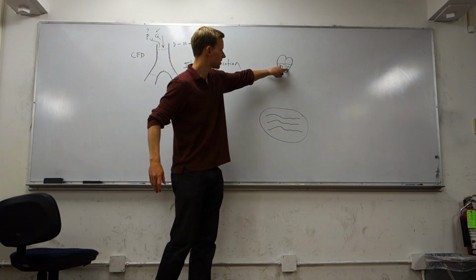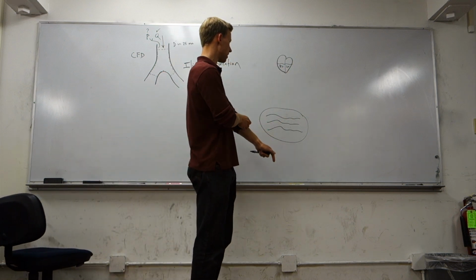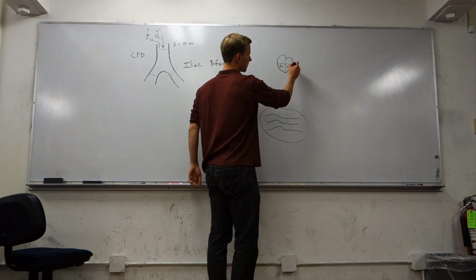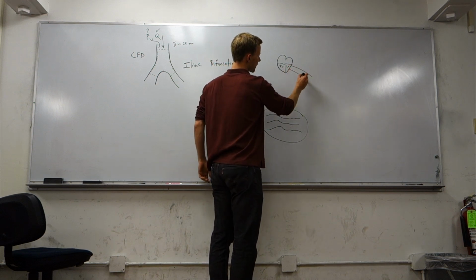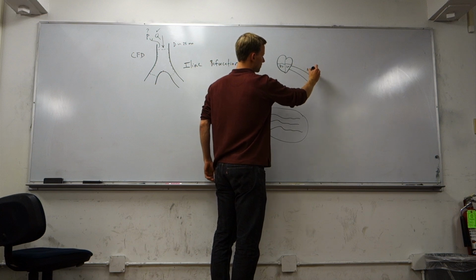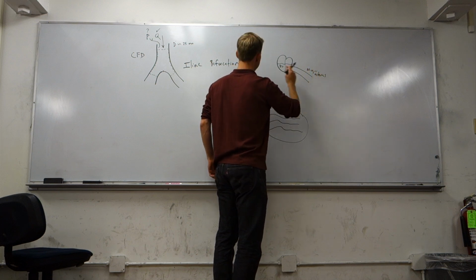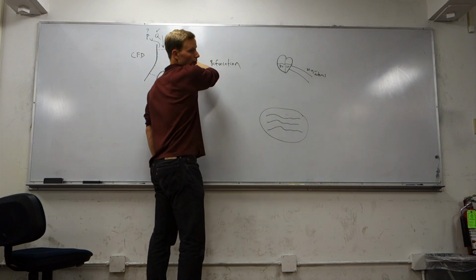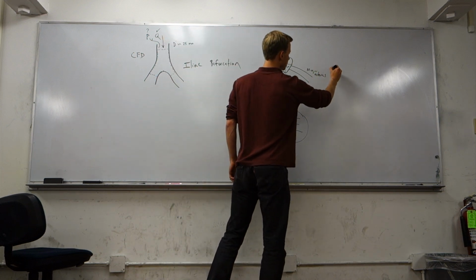And to connect from the left ventricle to the capillaries, we pass through the major arteries. So we can lump all the major arteries together in one pipe here. And as we said, the diameter of these arteries is on the order of 25 millimeters.